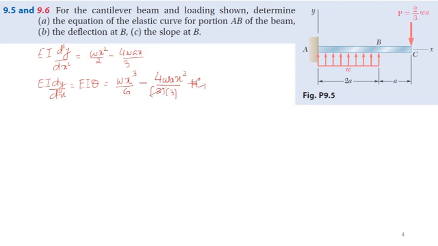So this 2 will cancel this one, and the equation will be Wx cube by 6 minus 2WAx square by 3 plus C1.